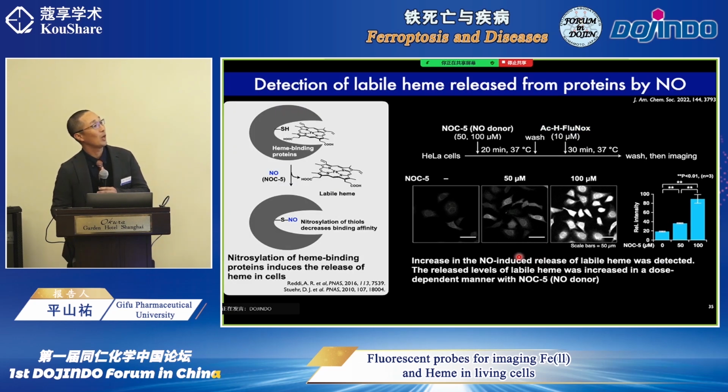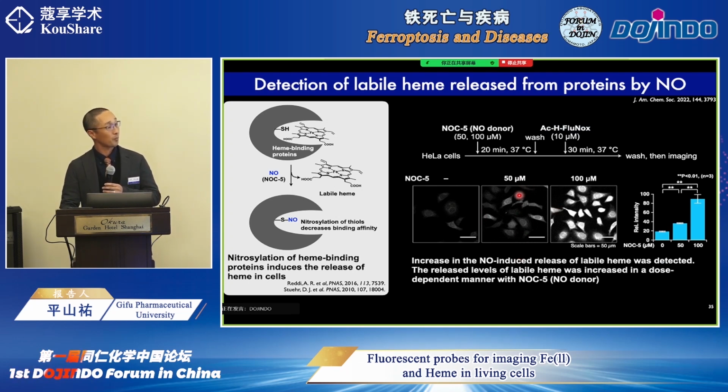Then here shows one example to monitor the labile heme level induced by nitric oxide. Heme binding proteins can release heme from the binding pocket upon the addition of nitric oxide, because nitric oxide can nitrosylate cysteine residues nearby the heme, and when cysteine residues are nitrosylated, the affinity to heme is reduced, and heme is released from the binding pockets.